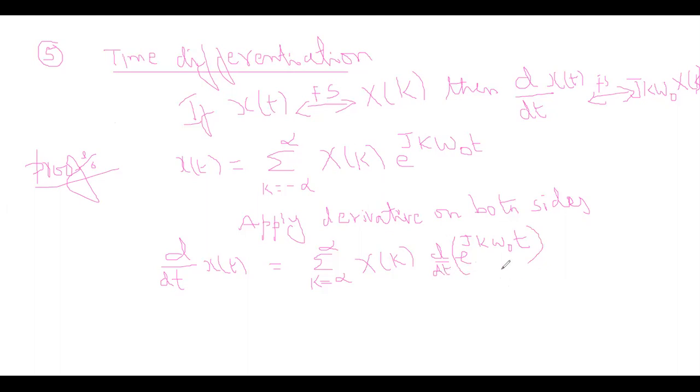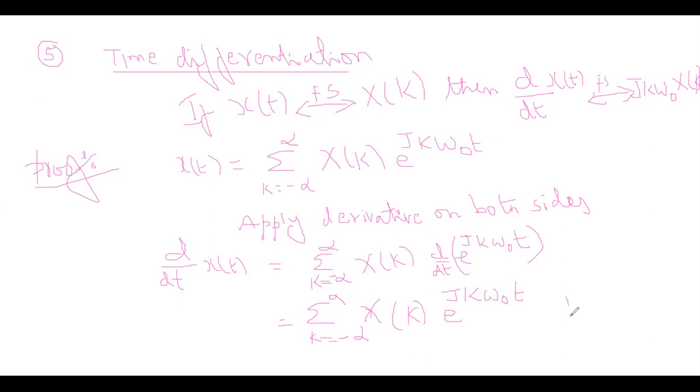So applying d/dt on the right-hand side and on the left-hand side, d/dt of x(t) is equal to the sum of k equal to minus infinity to infinity of X[k]. What is the derivative of the exponential e^(jkω₀t)?